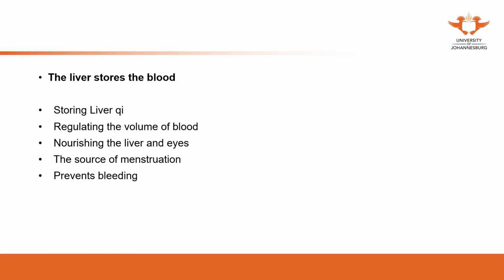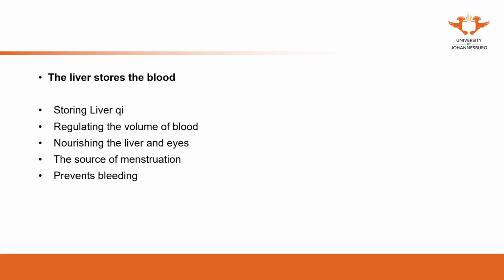The second function of the liver is that it stores the blood. When the liver stores the blood, it stores the liver qi. The reason is that the blood is the carrier of the qi. The liver can regulate the volume of blood in the system.